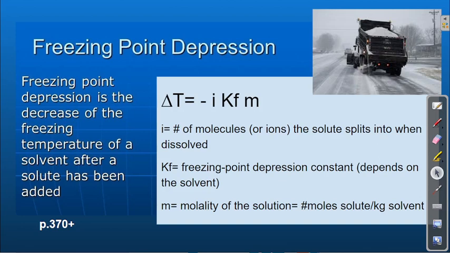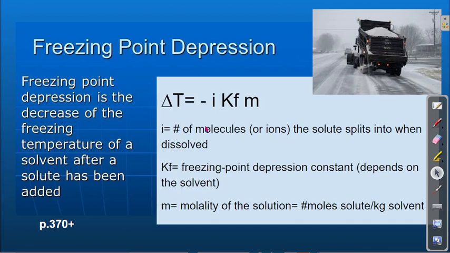Page 370. Just keep along. There's a formula that allows you to find out by how much the freezing point goes down, the freezing point depression. Delta T means the difference in temperature, equals minus, because it's lowering.